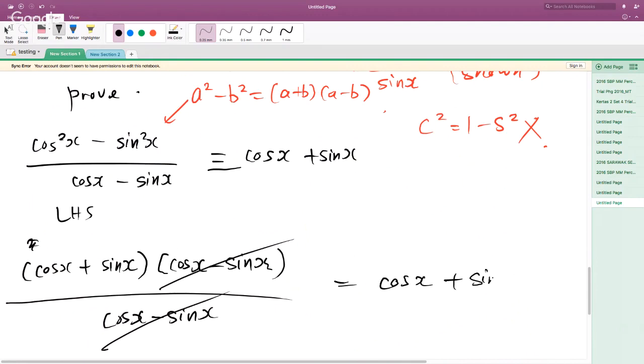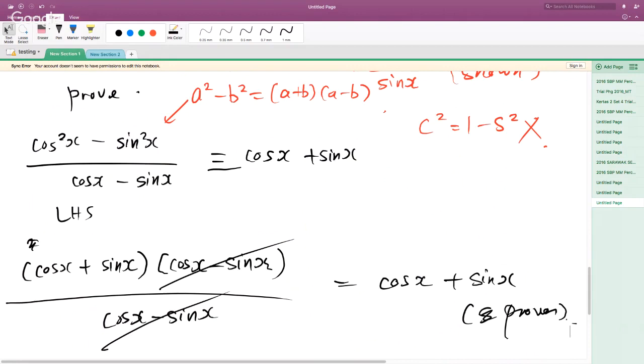And then I will get the answer easily. Then I will say proven. Okay, so sometimes you need to understand what you should do first. Because a lot of students the first thing they do is they try to spam in all the formula they know. But then, it's not all the time you will need to spam in all the formula you know.